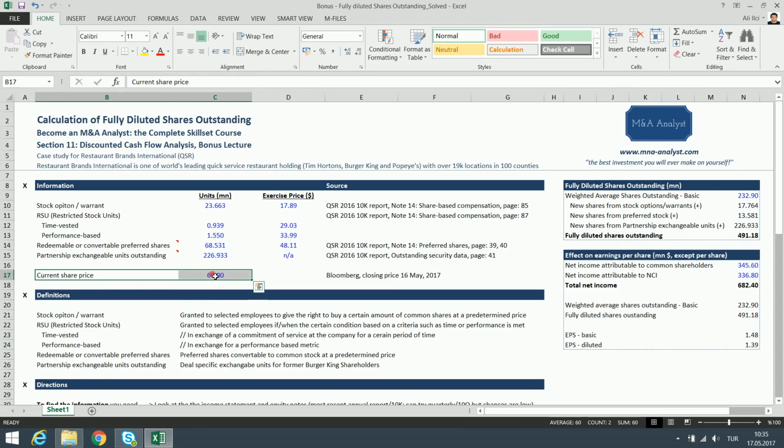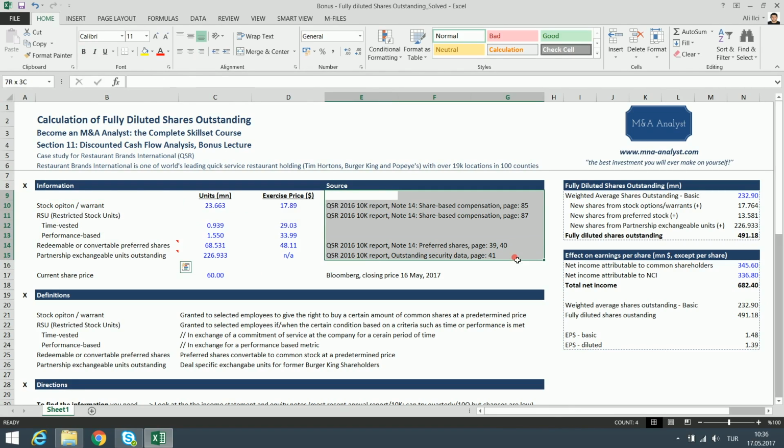And here we have the current share price, which is a very close approximate to yesterday's closing price, which is 16th of May 2017, and I got this data from Bloomberg. For the purpose of this lecture, I just typed 60, so be aware. And here we have the units, as I mentioned, and we have the weighted average exercise prices for these convertibles, and here we have the sources.